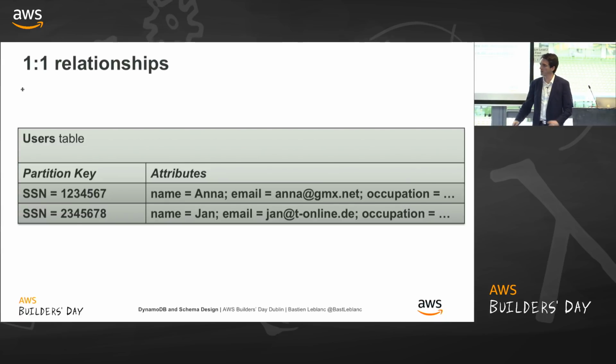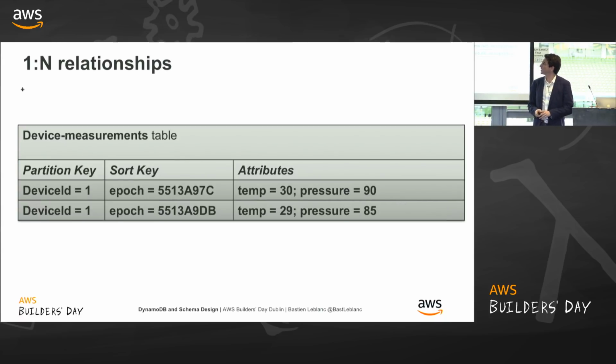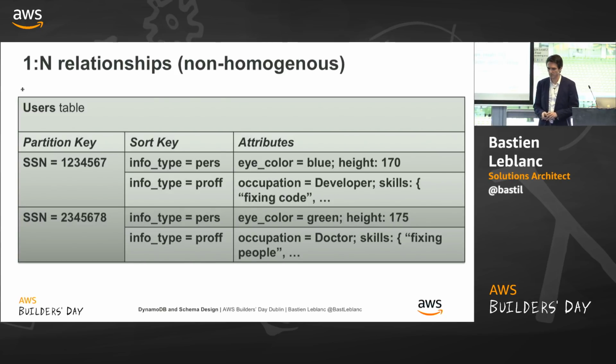Now, if we want to add a relation, let's go to this one first. You still have these people, but then you start to think about having one person definition and one job definition. In a relational schema, you would think about creating two tables. One would be persons, one would be jobs, joined by your social security number.